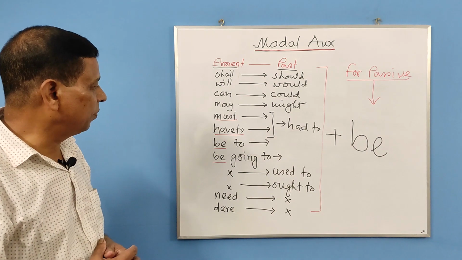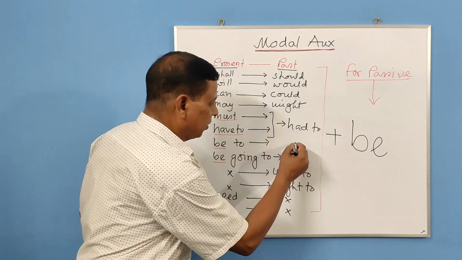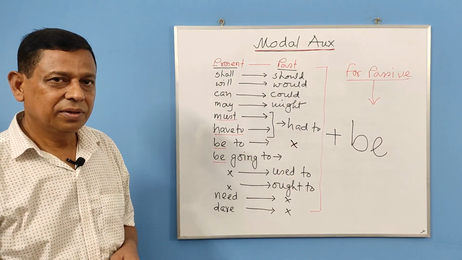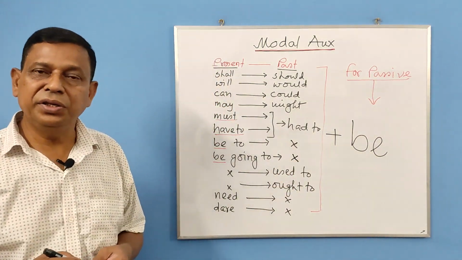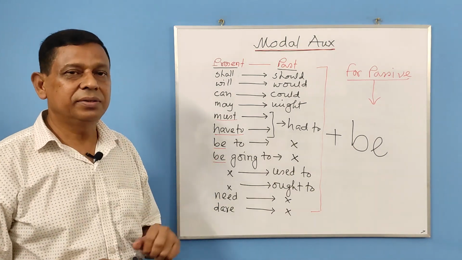Now, be to has no past form, so it would be crossed, not in use. The past form of be going to is not being used, but you will have to remember what be is.